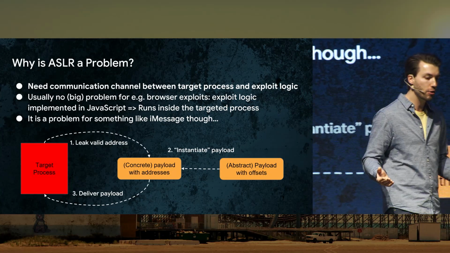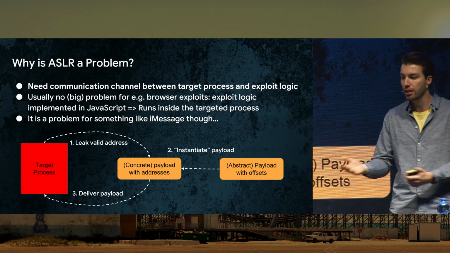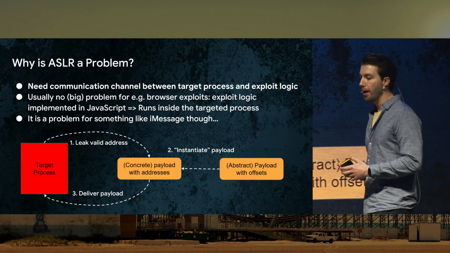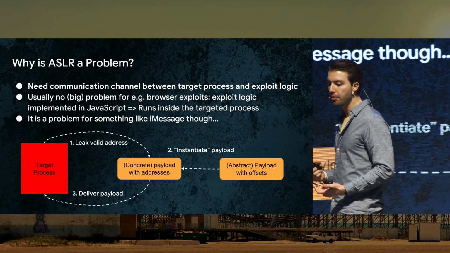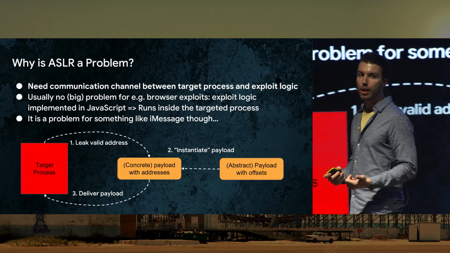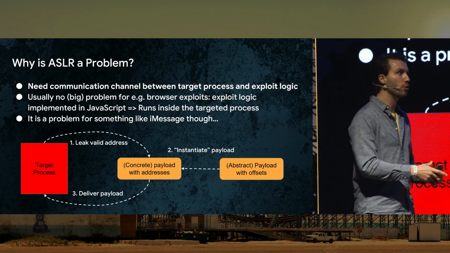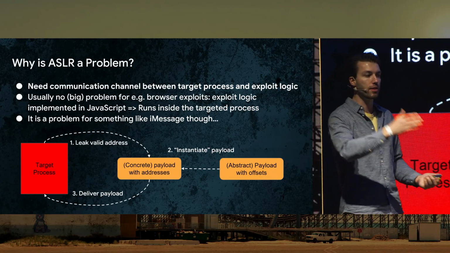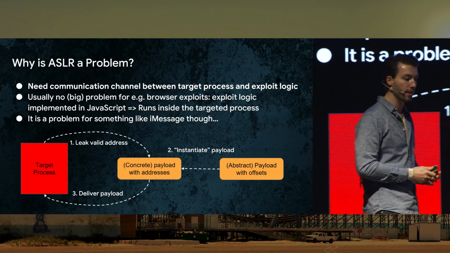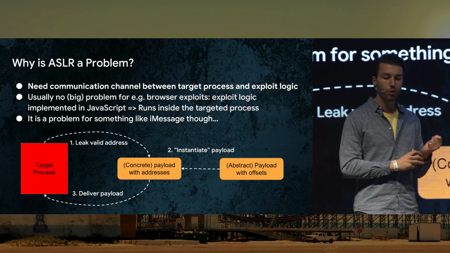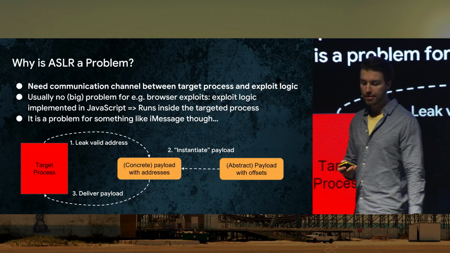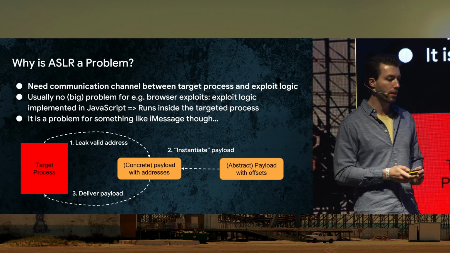So, of course, you have a communication channel. You just read memory. It's the same process. But for us in iMessage, this is much more of a problem because there's, of course, no message that sends addresses back to the attacker. So we have to figure out how to communicate in a way that lets us infer ASLR addresses.